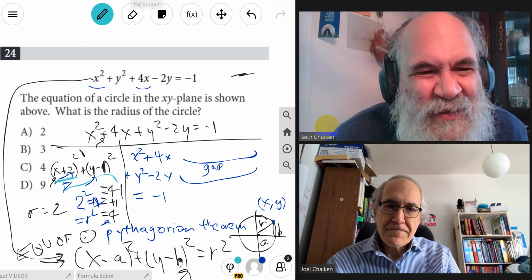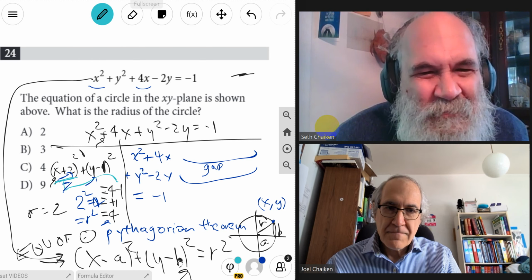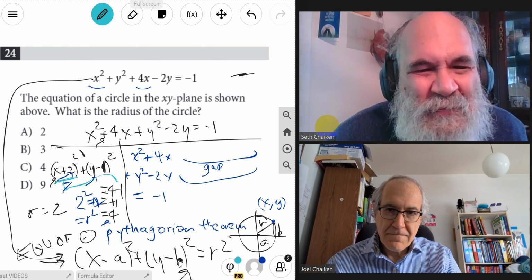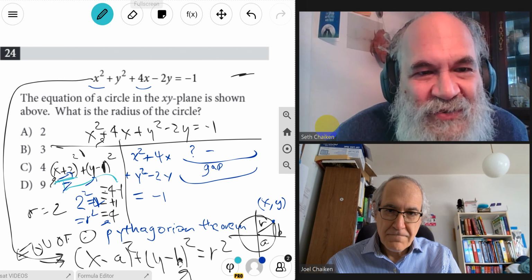Now, what we want is to put something in this gap without changing the solution set to the equation. And so what I put in the gap is some number, a question mark, and then I'm going to subtract the same question mark.